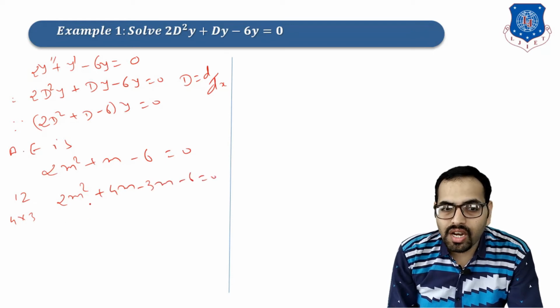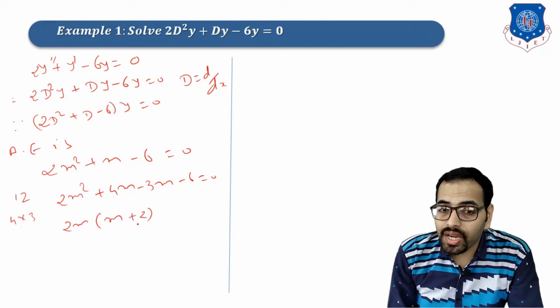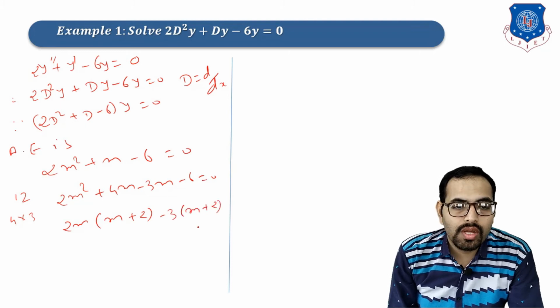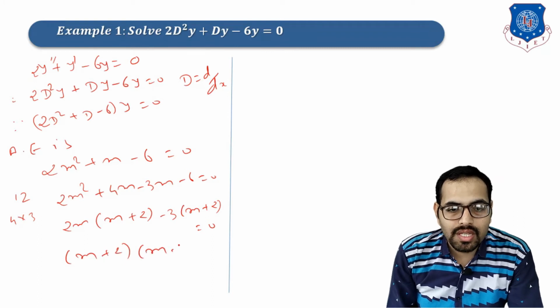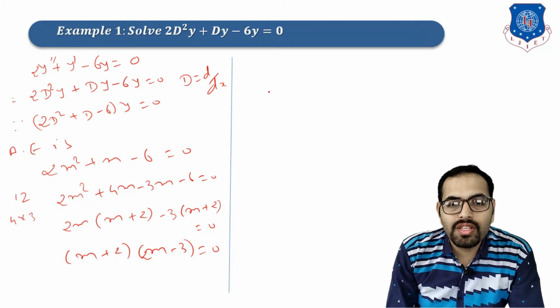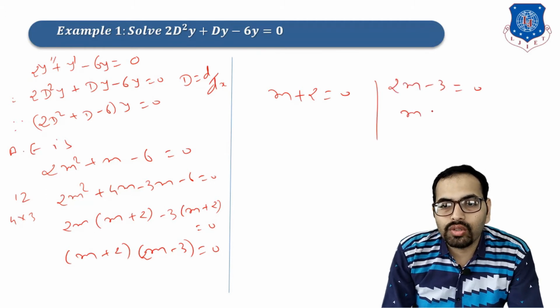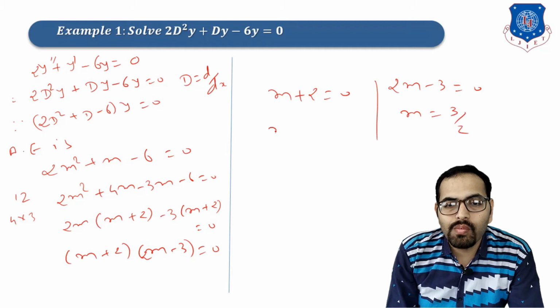In the first and second terms 2m is common, so it becomes 2m(m plus 2). From the third and fourth terms minus 3 is common, so it becomes minus 3(m plus 2) equal to 0. Then our factors become (m plus 2)(2m minus 3) equal to 0. Then compare with 0: m plus 2 equal to 0 and 2m minus 3 equal to 0. Then m equal to 3 by 2 and m equal to minus 2.